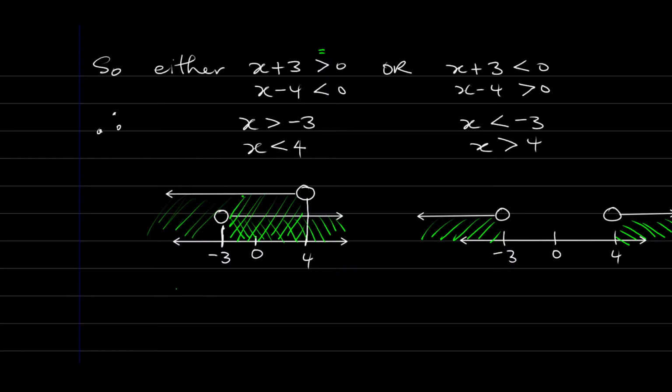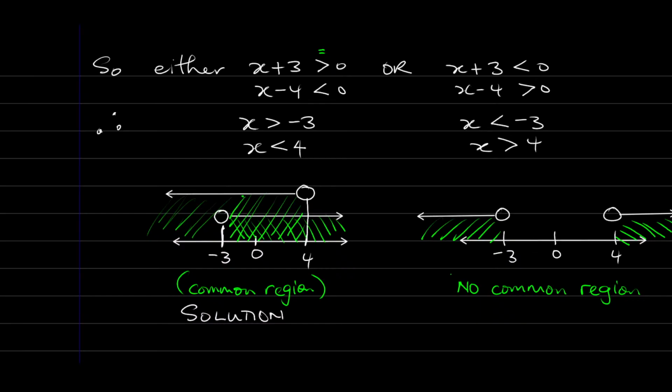So let's see. Here we have a common region, so therefore we have a solution. In this one, we have no common region. So that means that here has no solution.